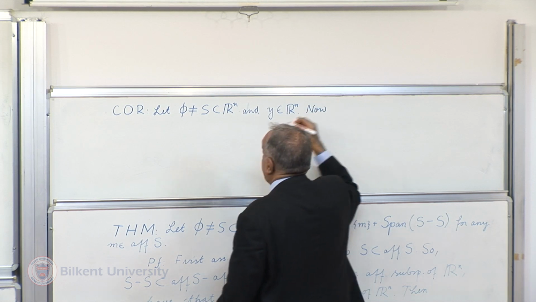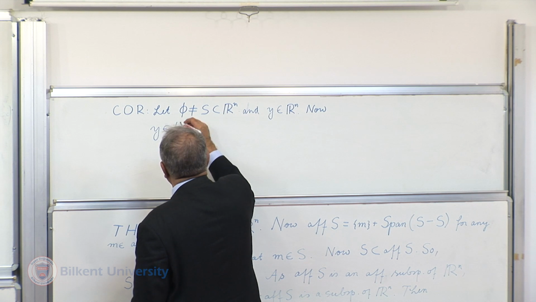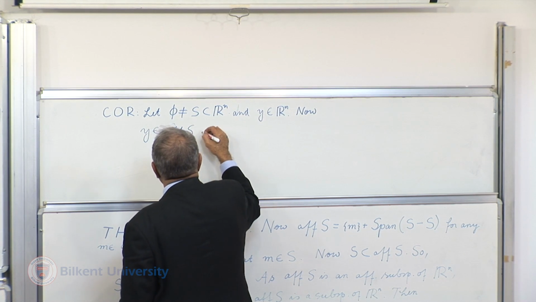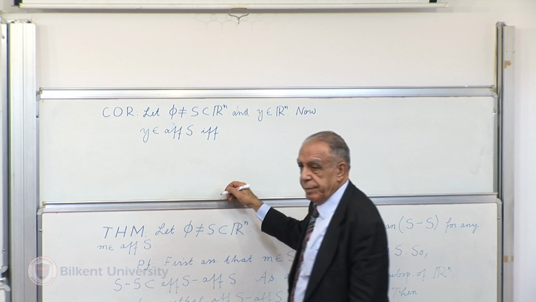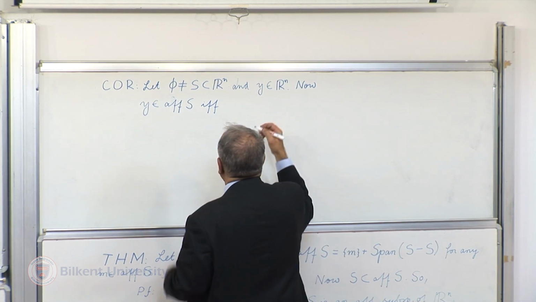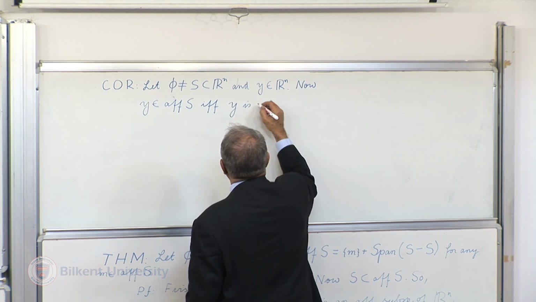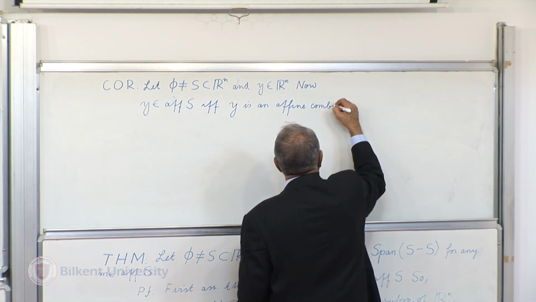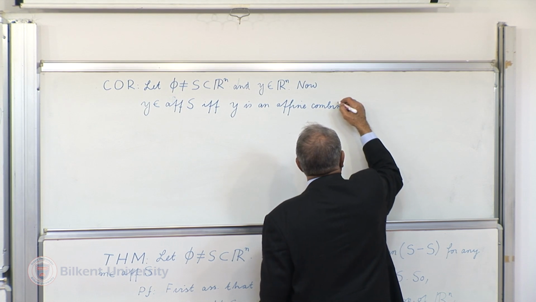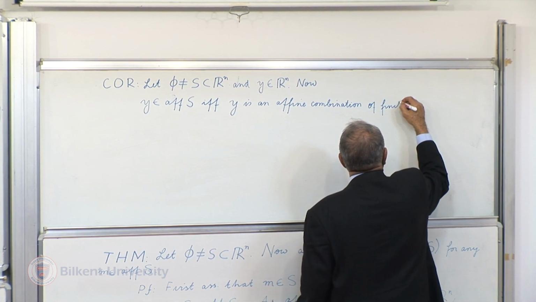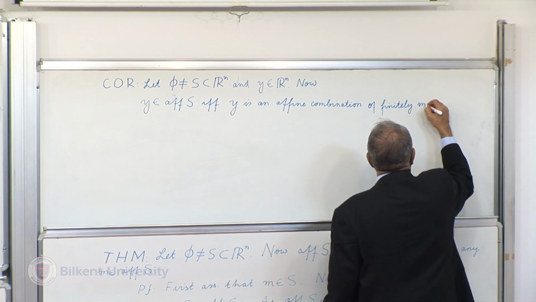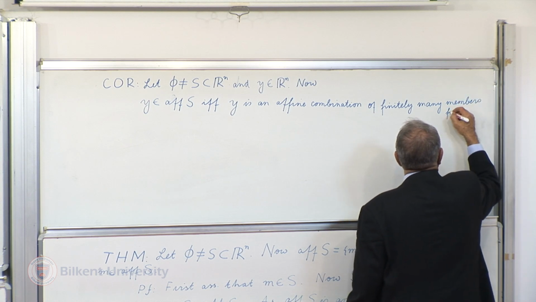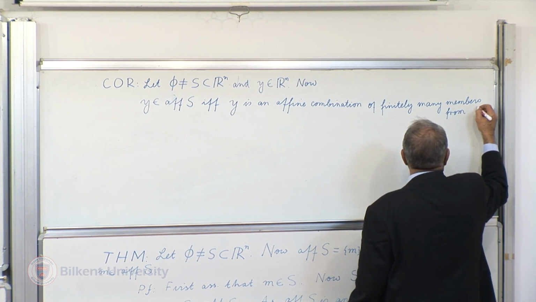Now, y is in the affine hull of S if and only if y is an affine combination of finitely many members from S.